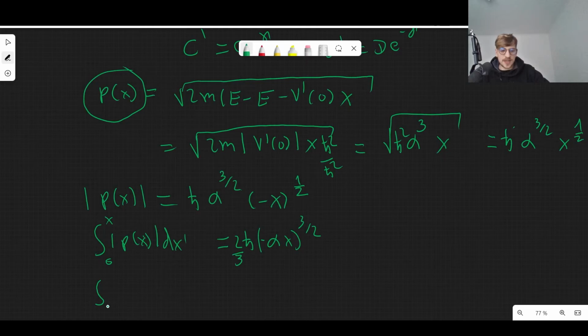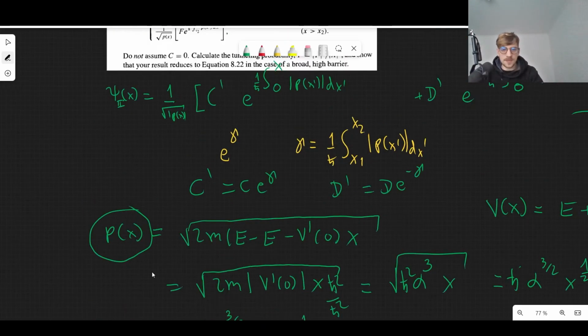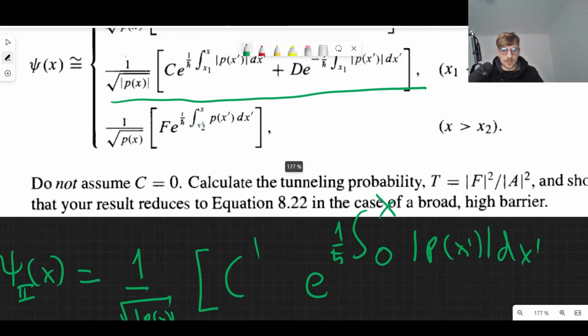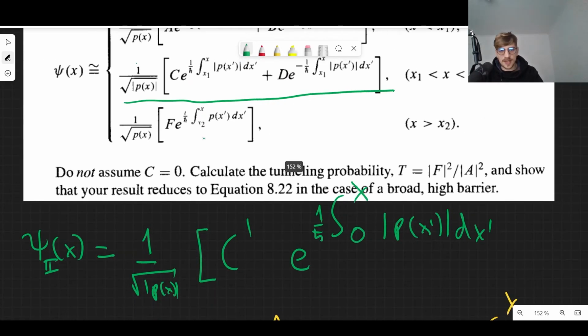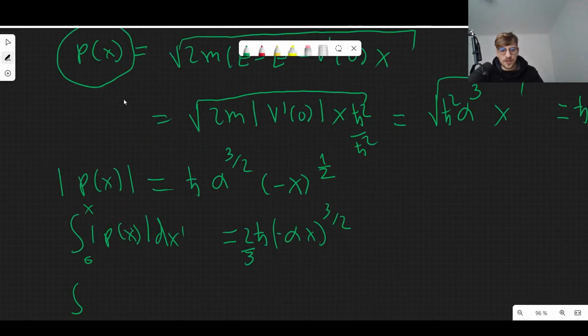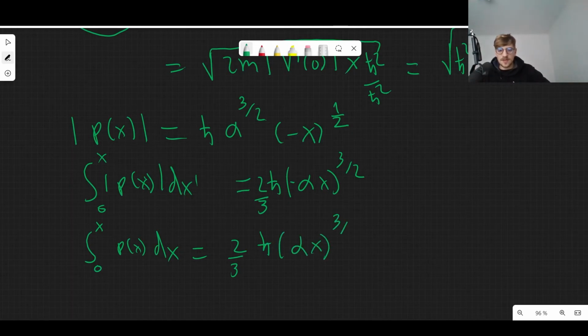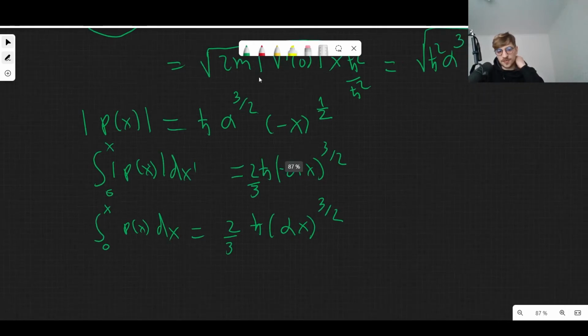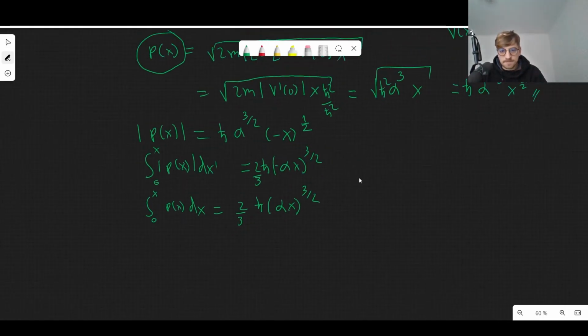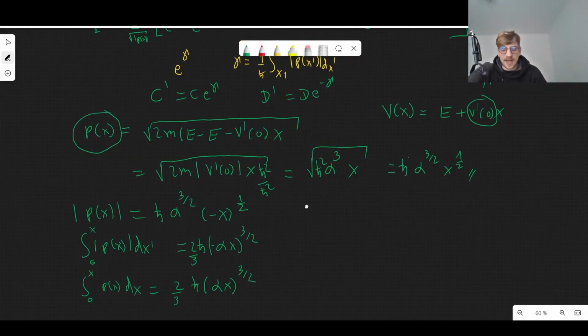And when we integrate just the momentum, the limits are from x2, which now is 0, to x, with momentum of x here. And this will give us 2/3 h bar alpha to the 3/2 x to the 3/2, right? This is the same as before. Okay. So now we have everything that we need.